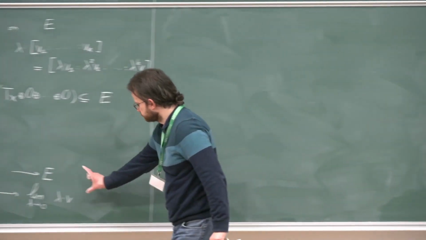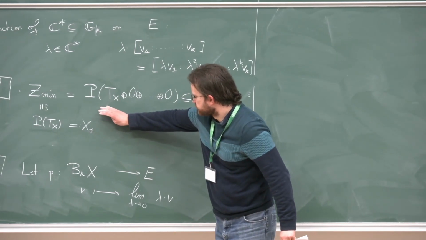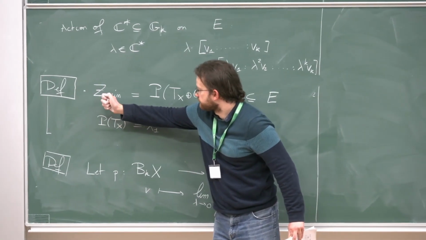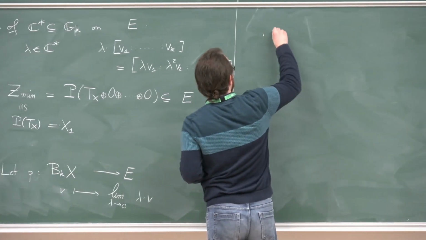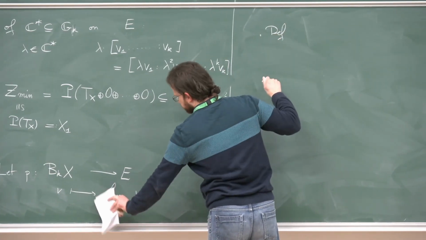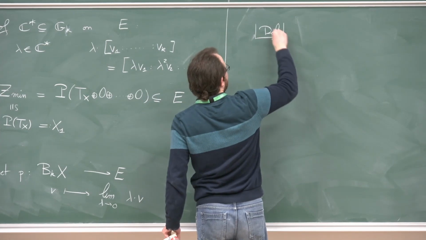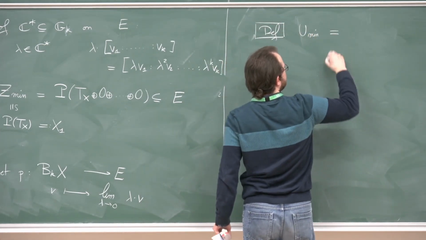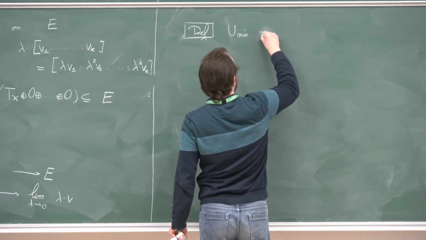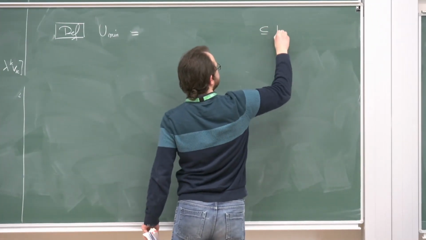And just after introducing that space Z_min, I wanted to define, and for that I actually needed this, the open set U_min inside B_K.